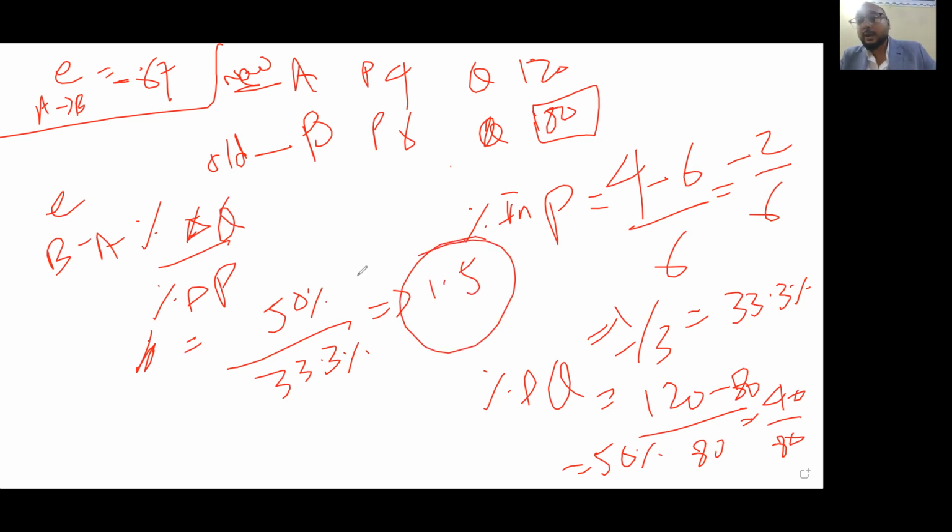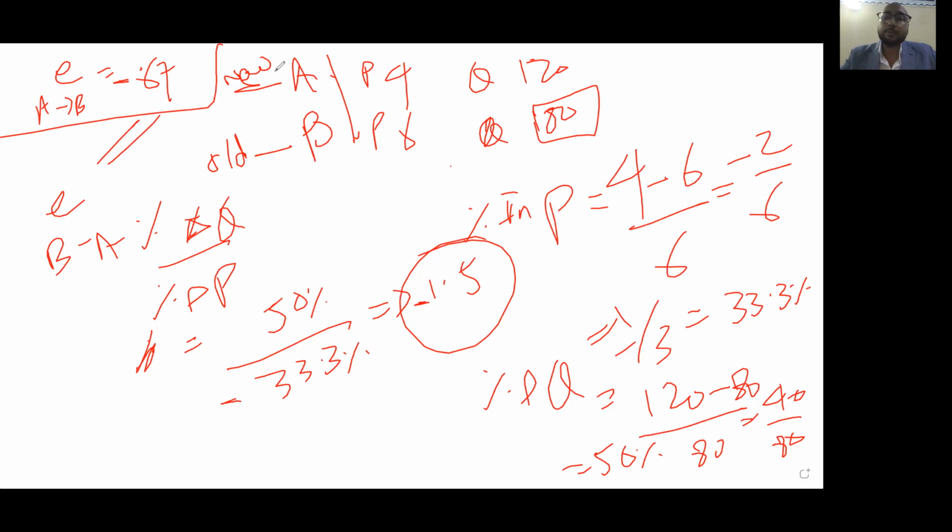It is 1.5. Now we are confused. And why is that? If we move from A to B, elasticity is 0.67. And if we move from B to A, elasticity is 1.5.